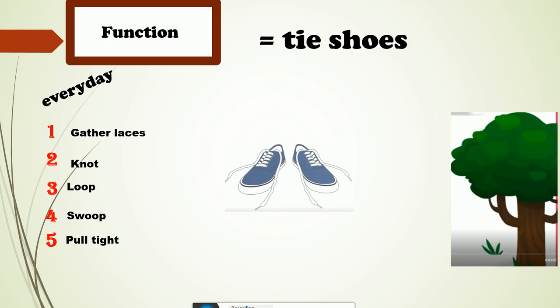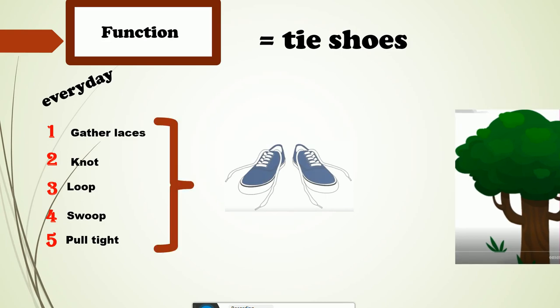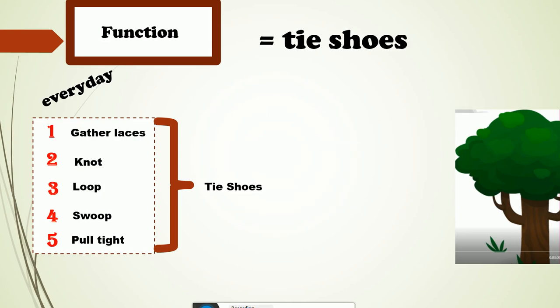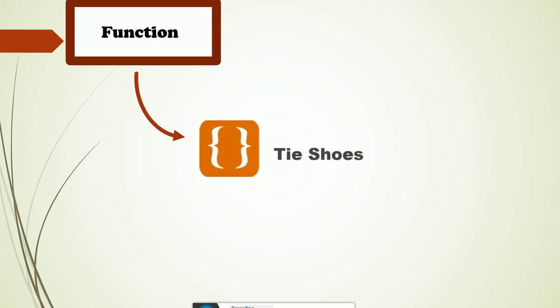In your head, you store all the individual steps into one action with a single outcome. You use a function that is tie shoes.